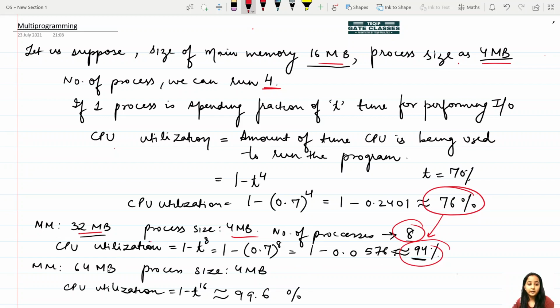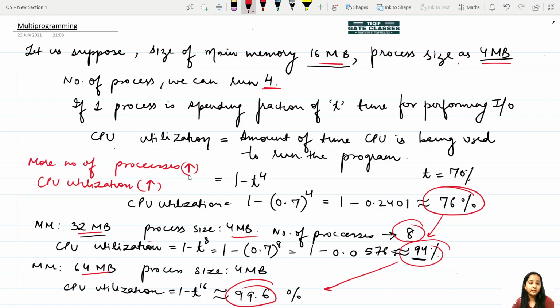After that, I have increased the size of main memory to 64 MB, and the number of processes that can run here is 16, and here see the CPU utilization reaches 99.6%. What I can interpret from this scenario is that if I have more processes running, then my CPU utilization has increased.